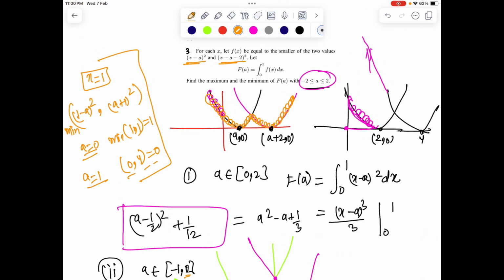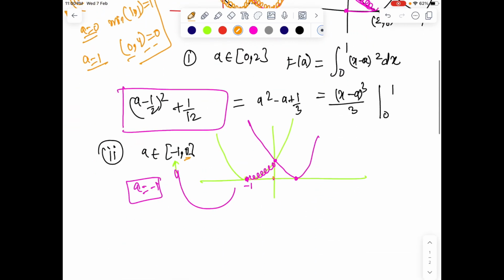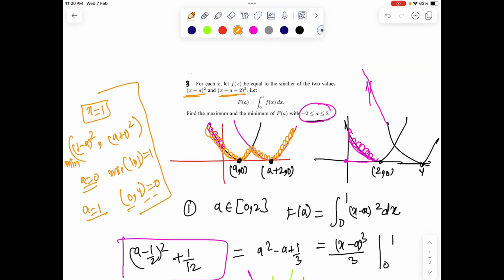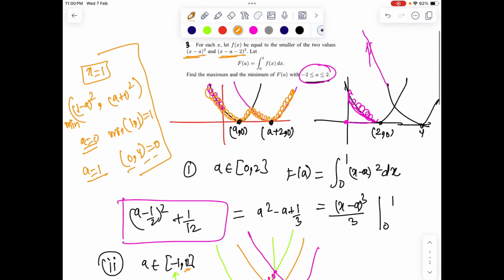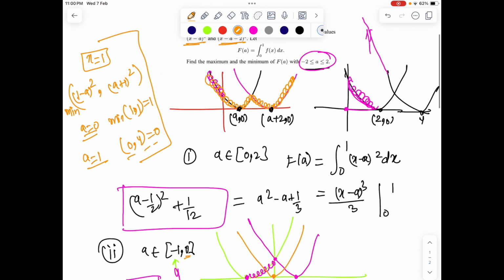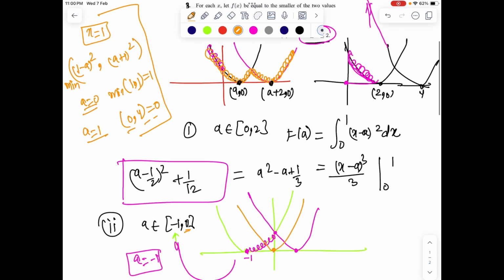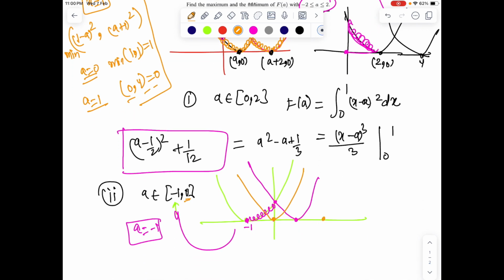But now for a equals 0, the other extreme value that I'll get is x square. So a equals 0 will be the vertex over here, and the other one is x minus 2 whole square. Okay, so it's at 2.